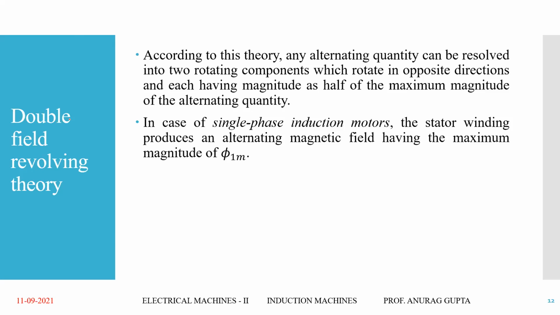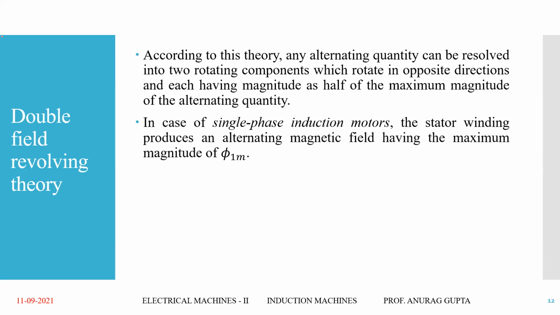In case of a single phase induction motor, the stator winding produces an alternating magnetic flux having the maximum magnitude of phi 1m. Already I have said that whenever we provide a single phase AC supply to the stator winding, some alternating current will flow in the stator winding, and due to that current and the number of conductors in the stator winding, some MMF will be there, and that MMF will produce some stator flux, called the main flux.